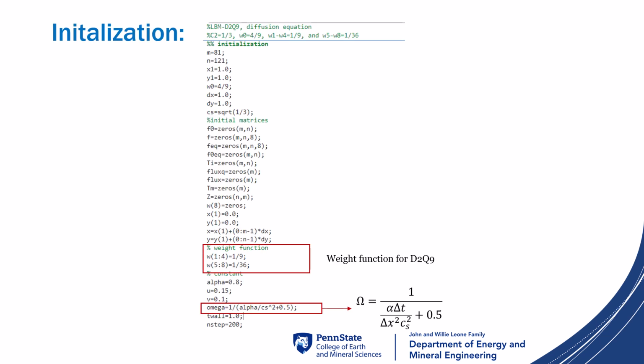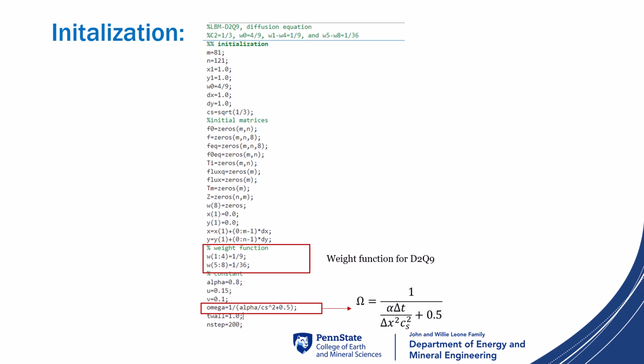The simulation involves 5 major steps: initialization, collision, streaming, application of boundary conditions, and finally updating the macroscopic temperature. During initialization, we define the size of the domain and set the initial values for the temperature and the distribution function. We use the D2Q9 lattice model, which involves 9 discrete directions.